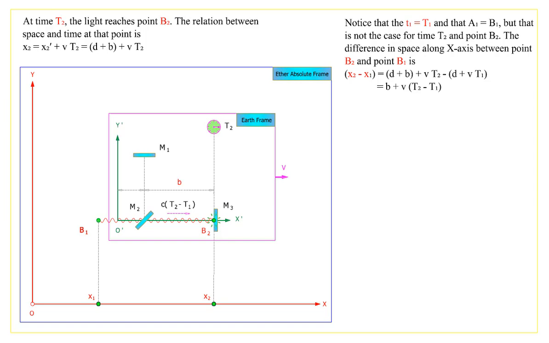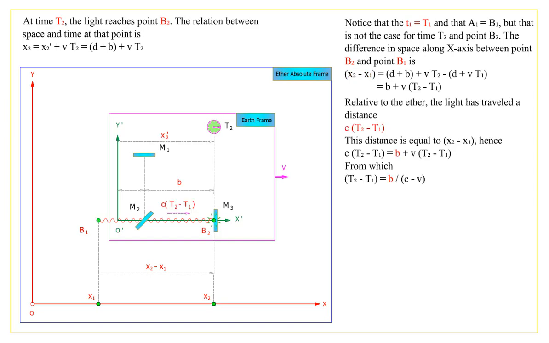Notice that t1 capital equals t1 and that A1 equals B1, but that is not the case for time t2 capital and point B2. The difference in space along the x-axis between point B2 and point B1 can be found: x2 minus x1 equals b plus v times t2 minus t1.